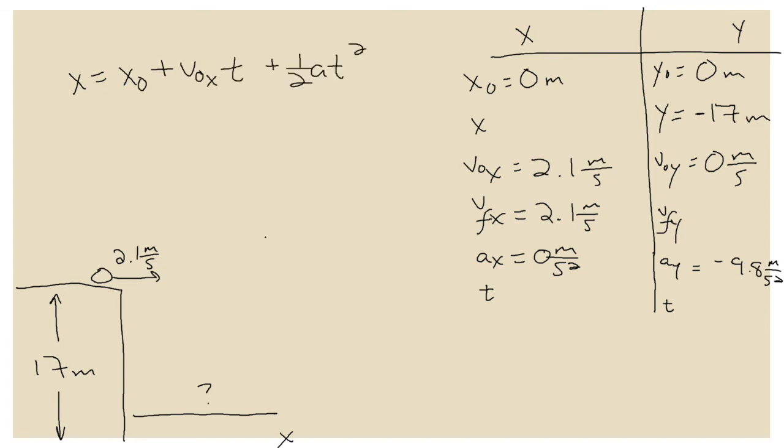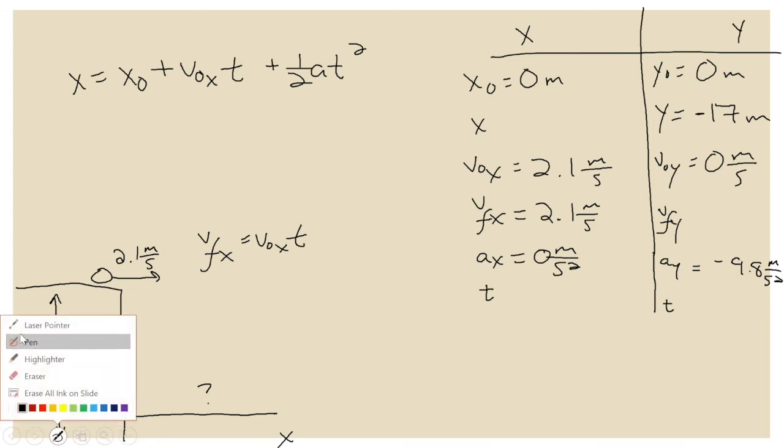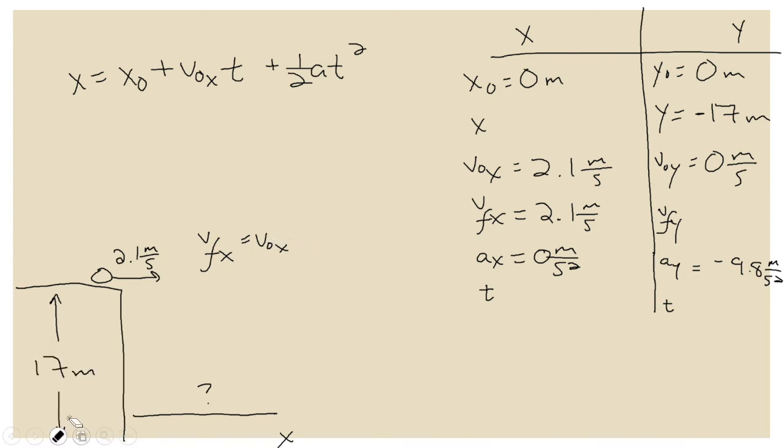Well, it's because the other equations in the x direction don't work. Look, if we use the final velocity equation, which is the same thing as the acceleration equation, we have VFX equals V naught x plus AT, and the acceleration is 0. So that tells us that V naught x is equal to VFX, which is a thing we already know.